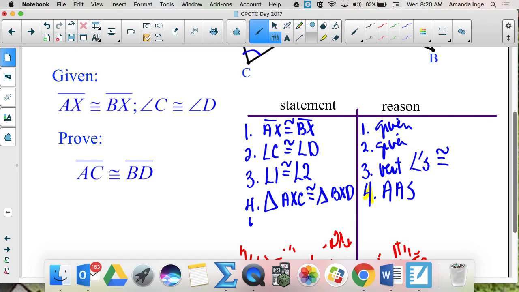Alright, from there we can say AC is congruent to BD because of corresponding parts of congruent triangles congruent.